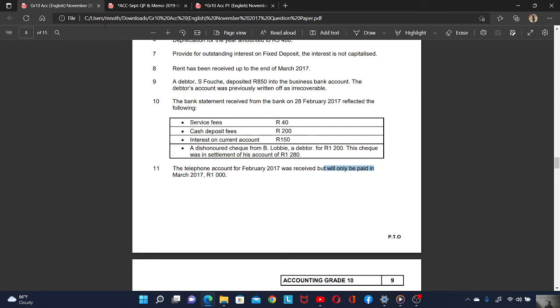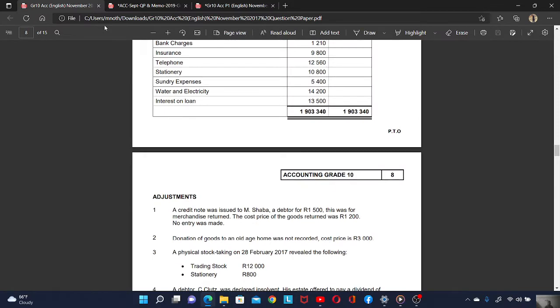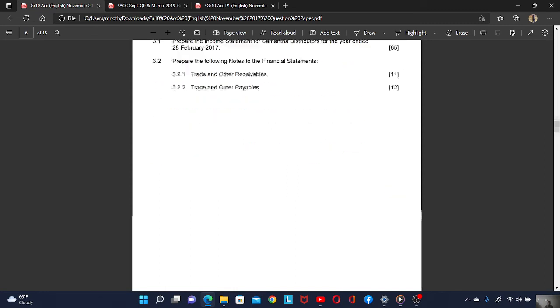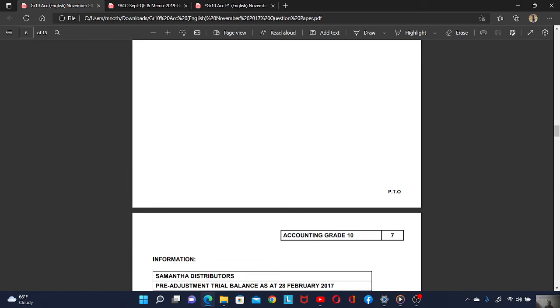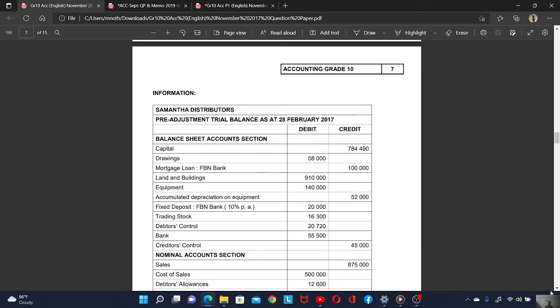So our year ends on 28 February 2017. You can see 28 February 2017.